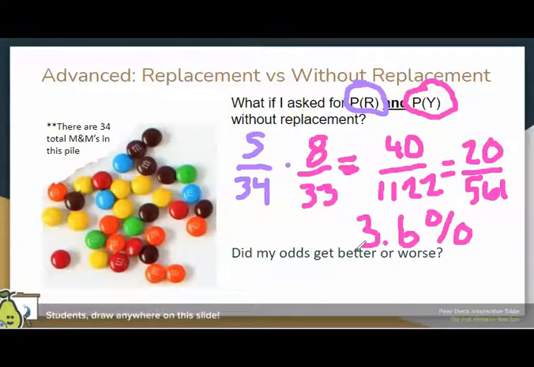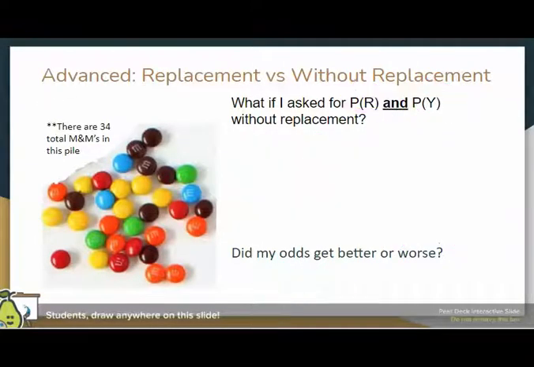And that's why I answered it to the nearest tenth, because my previous slide was a 3.5% chance. This slide was a 3.6% chance. So yeah, my chances slightly increased. My odds did get a little bit better by 0.1%, because we took one of the M&Ms out, so we had a better chance of getting the yellow the second time. Okay? All right, last couple slides here.